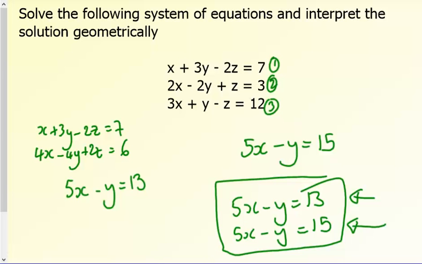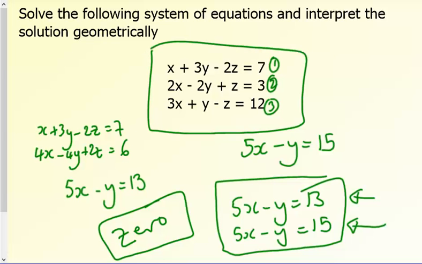There's no way those lines are going to intersect. So this is, as we've just said, a case where there are zero solutions. Those two lines don't intersect, which means that these three planes don't intersect either.